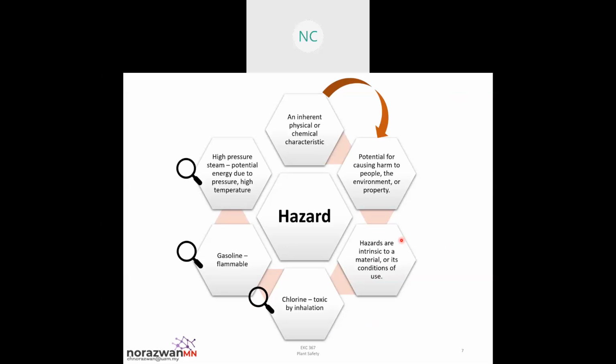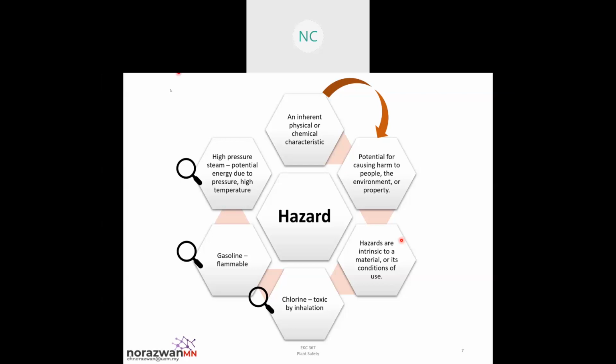When you talk about benzene, the benzene itself already contains the hazard. So how can you reduce or eliminate this hazard from the benzene? You cannot eliminate the hazard from benzene itself, but you can reduce the hazard inside the benzene by using, for example, moderation of operating conditions.